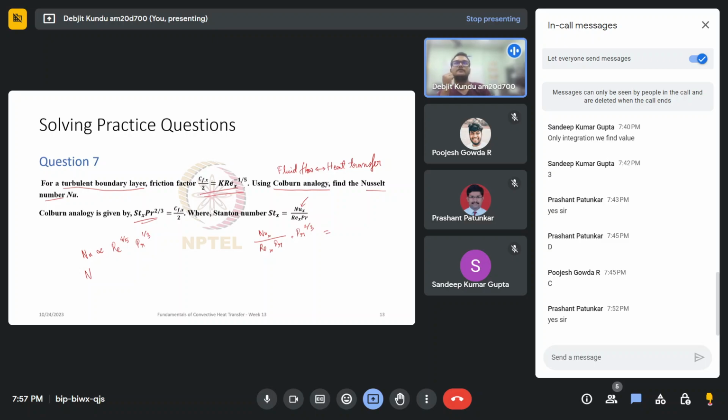Now I will plug in the value of Cfx by 2 from here, saying that it should be K into Rex to the power minus 1 by 5. Now it's a matter of rearrangement. So Nux should be K, Rex to the power 1 minus 1 by 5, and Prandtl number, if I transfer both to that side, will become 1 minus 2 by 3. So this becomes K into Rex to the power 4 by 5 and Prandtl number to the power 1 by 3.